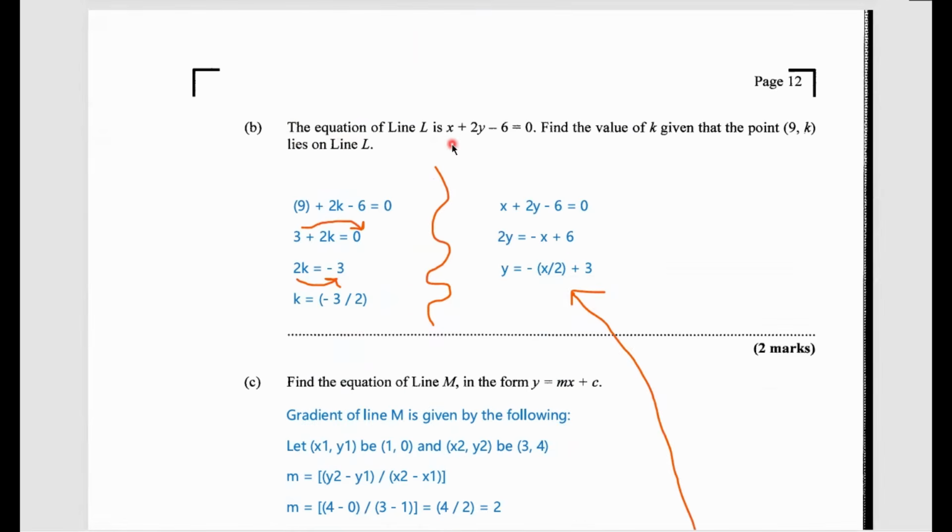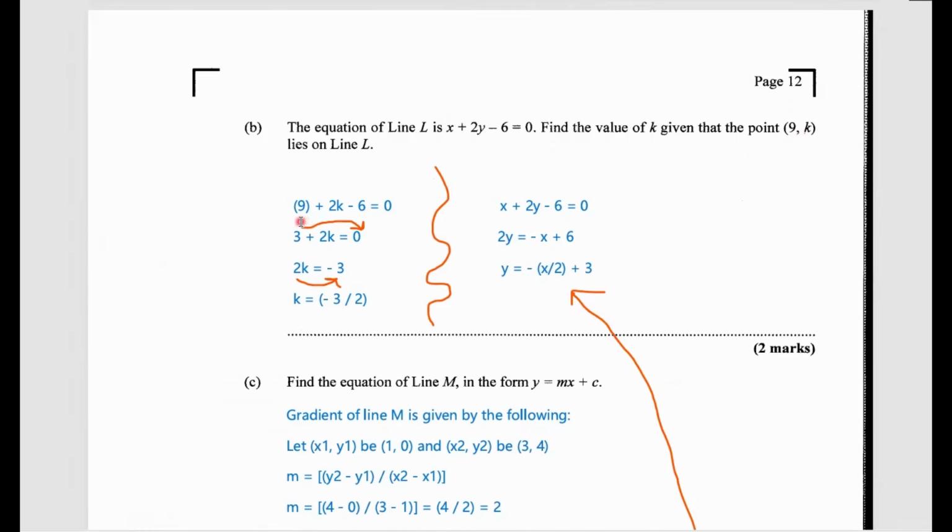Part B, the equation of line L is x plus 2y minus 6 equals 0. Find the value of k given that the point 9 comma k lies on line L. Now, interesting is that the x value is 9. You substitute that in there, while the y value is k.